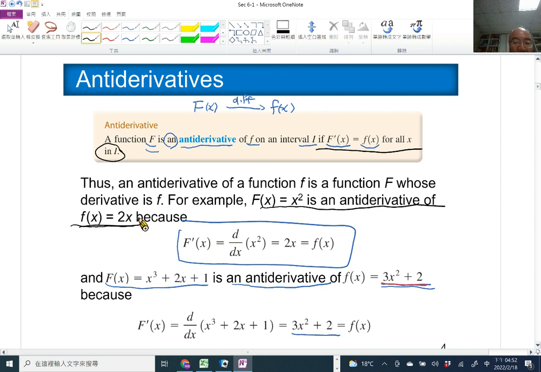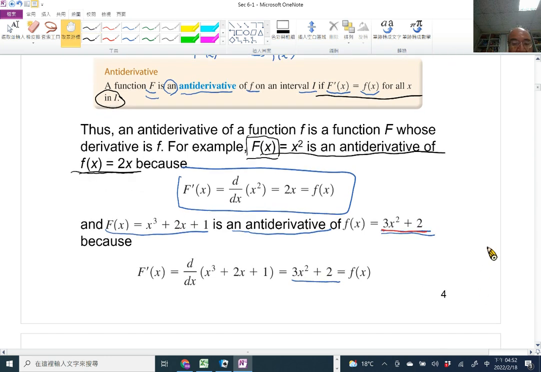Okay. And we can link this to the formal definition. x squared will be named capital F of x, and 2x will be named little f of x. All right. So you can double check.